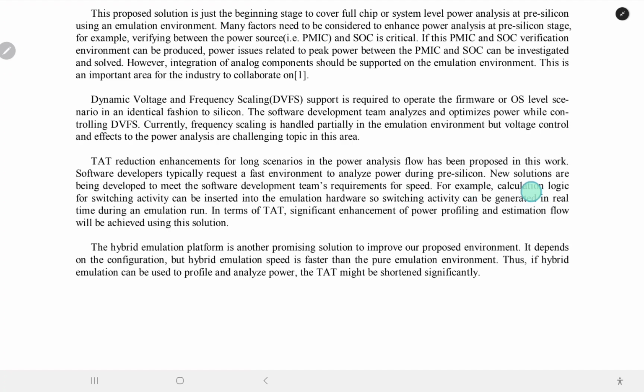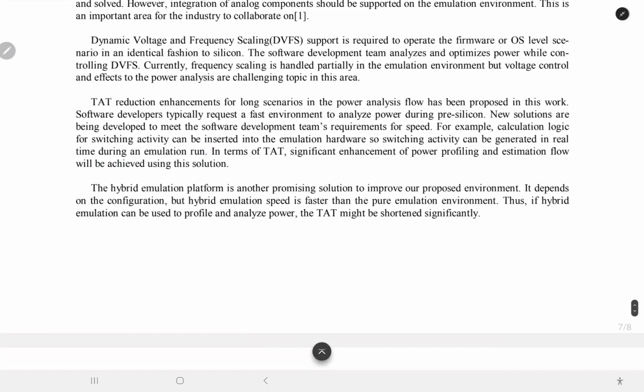For example, calculation logic for switching activity can be inserted into the emulation hardware, so switching activity can be generated in real time during an emulation run. In terms of TAT, significant enhancement of the power profiling and estimation flow will be achieved using this solution.